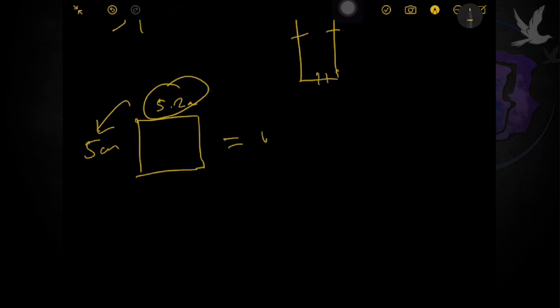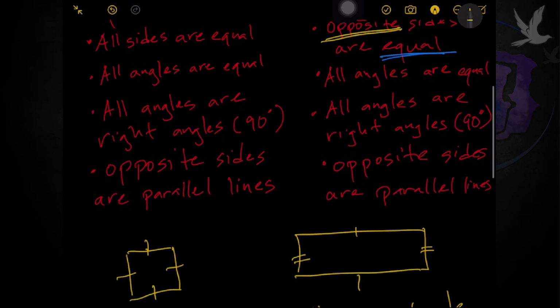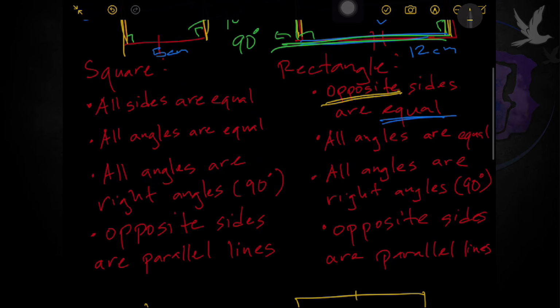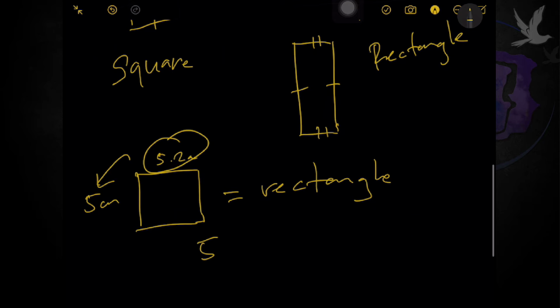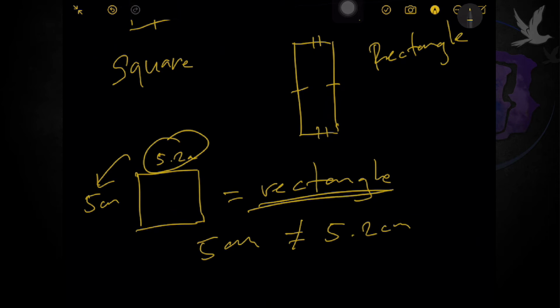So thus, this can be a rectangle because we have to follow the properties of a square that says all sides are equal, in which in this case, 5 centimeters is not equal to 5.2 centimeters. Okay. Thus making this shape a rectangle. Okay? You get the point?